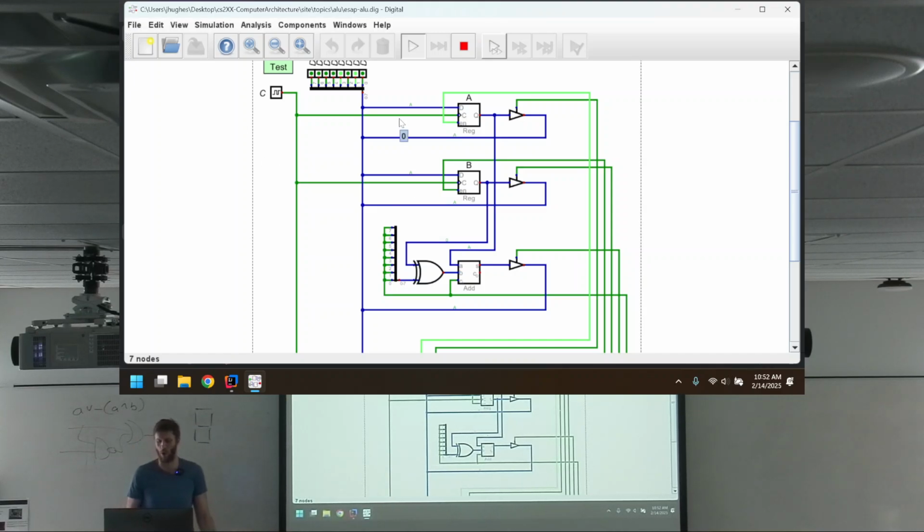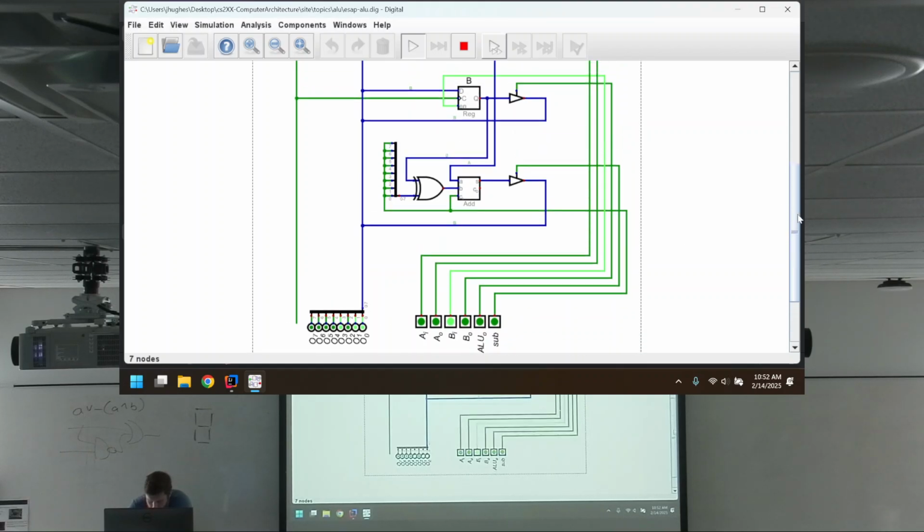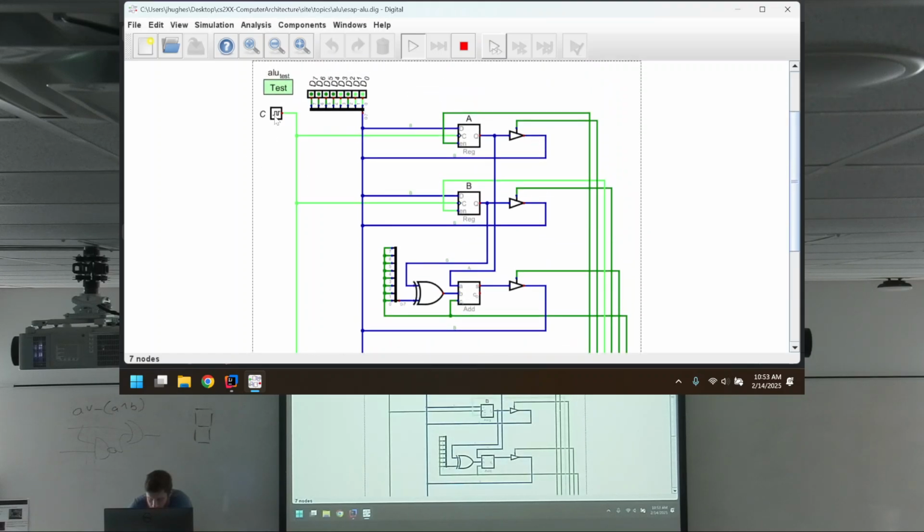Now, what value do we want to put into B? 11. That's easy. Now, we don't want A enable. We want B enable. Perfect. Okay, now I'm going to turn these off.